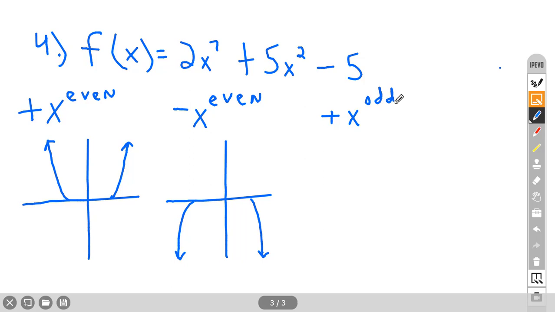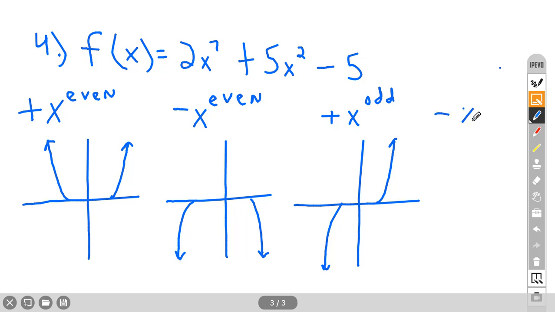And if I have a positive x to the odd power, it's going to take on the characteristics of an x cubed graph, and an x cubed graph is going to be going down on the left and up on the right.